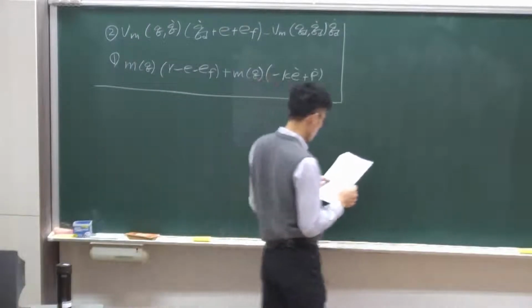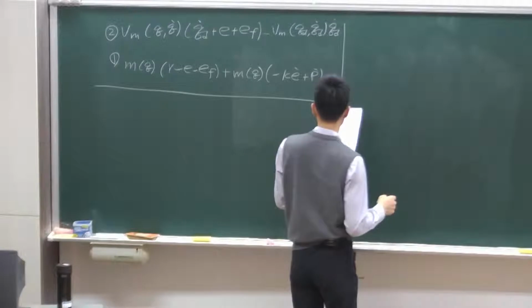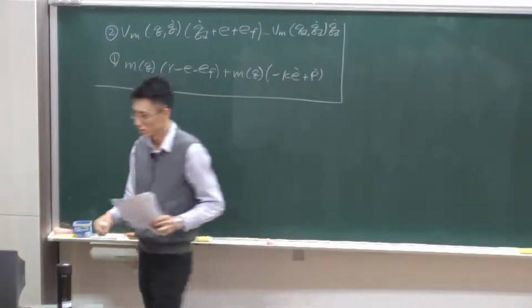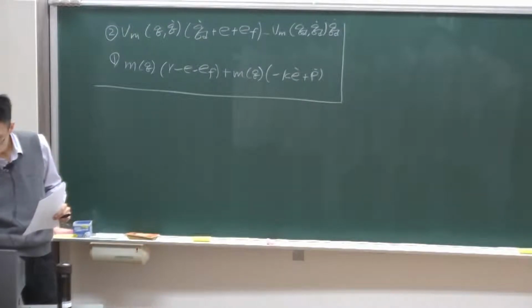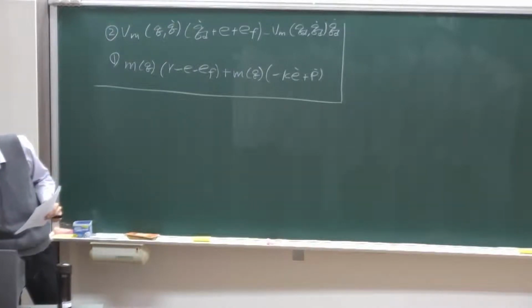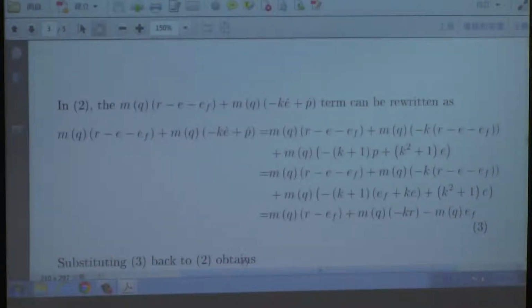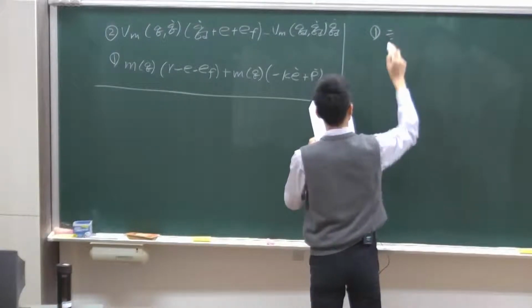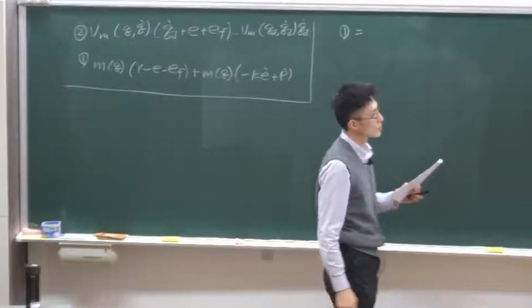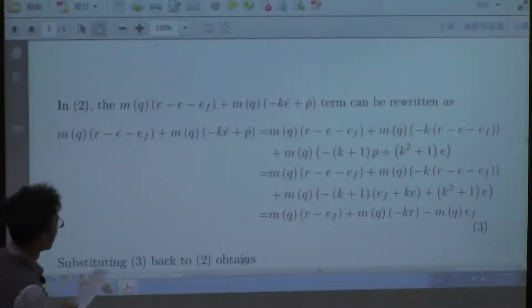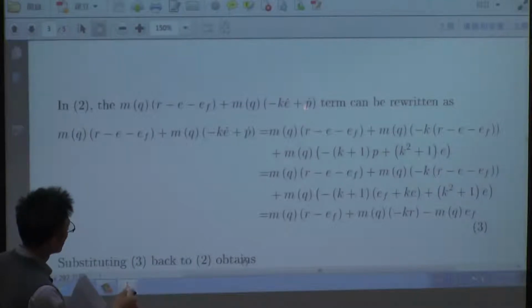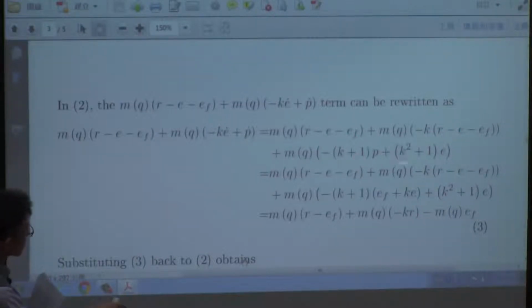So in the first term, it's equal to, so the intention here is to replace the E dot and P dot by these signals.